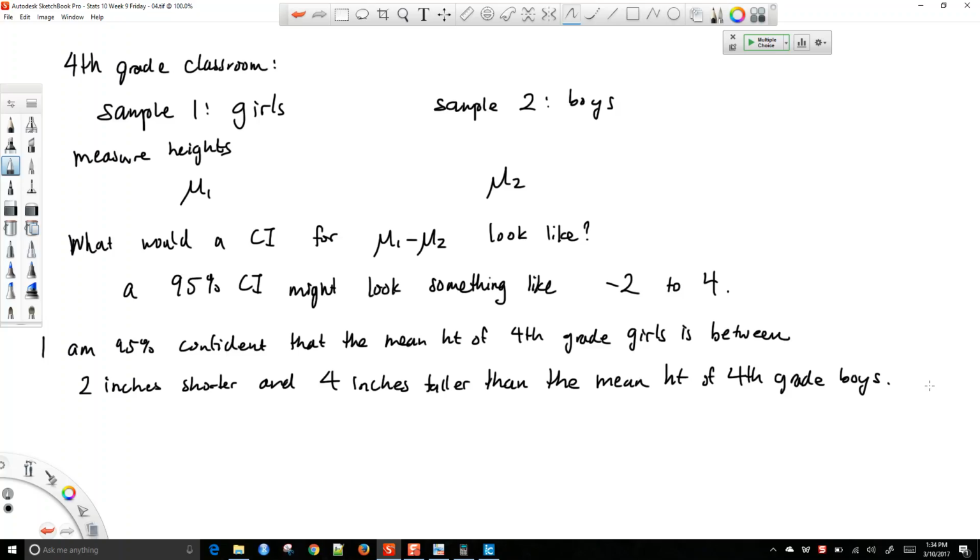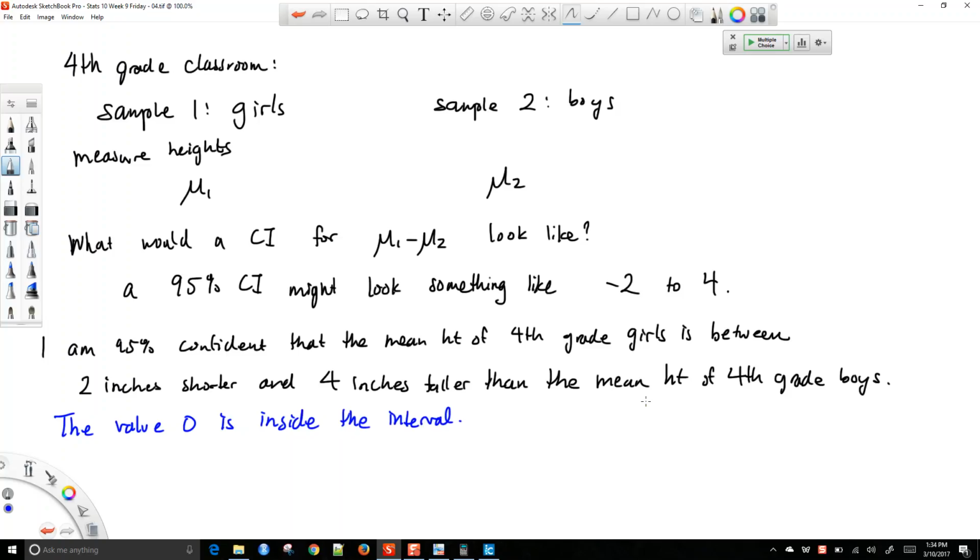And so in this case, what we notice is that the value 0 is inside the interval. The value 0 is inside the interval.